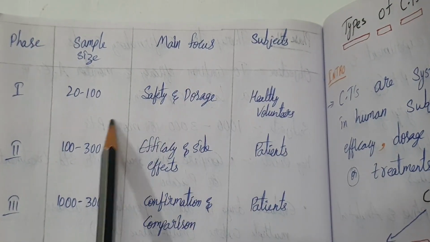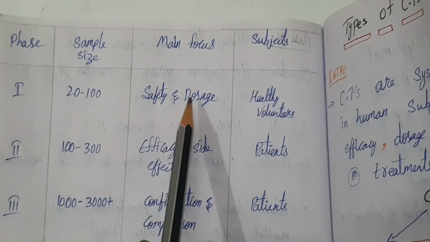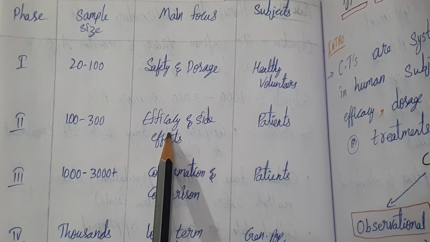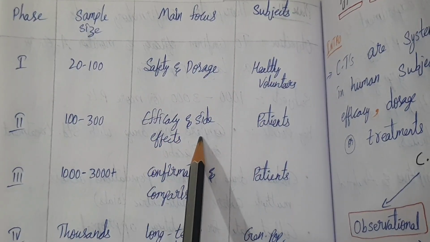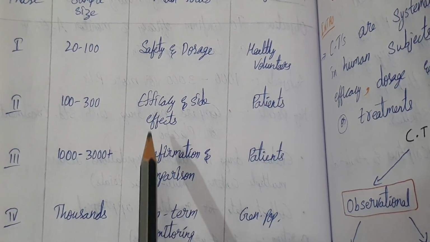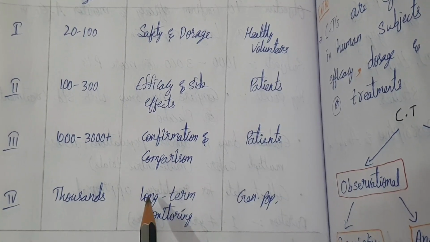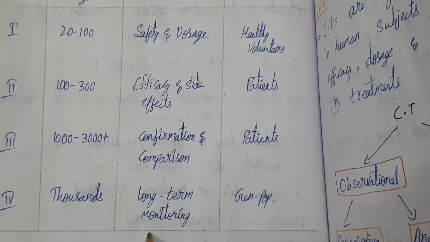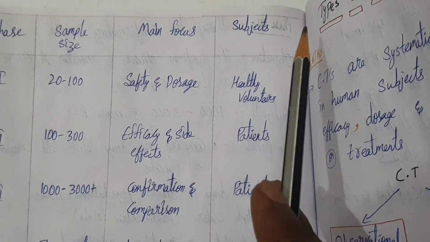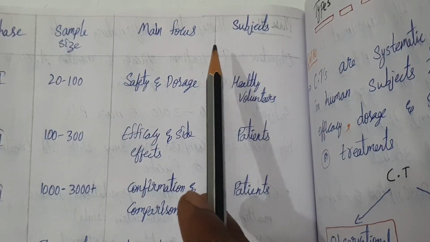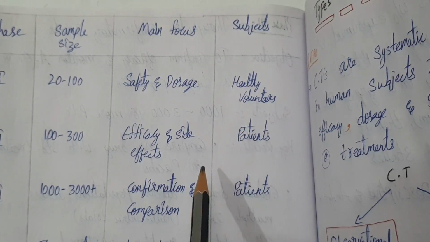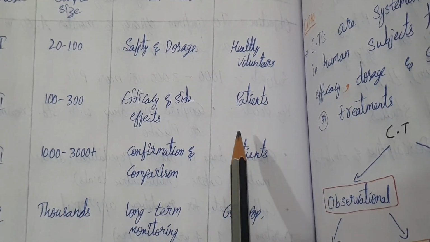The main focus in the first phase is safety and dosage, in the second phase efficacy and side effects, then we confirm that efficacy by comparison, then long-term monitoring in phase 4. In phase 1 we use healthy volunteers, but in the rest, all are patients.